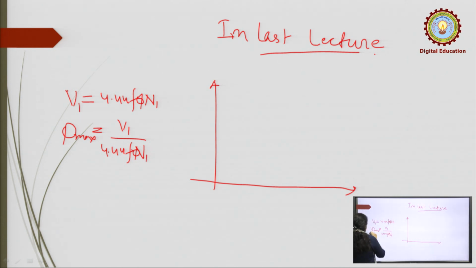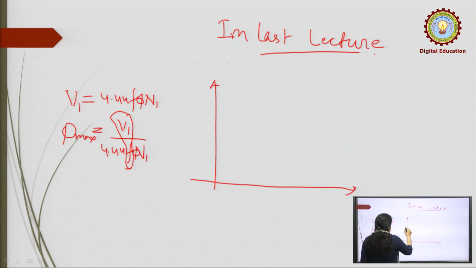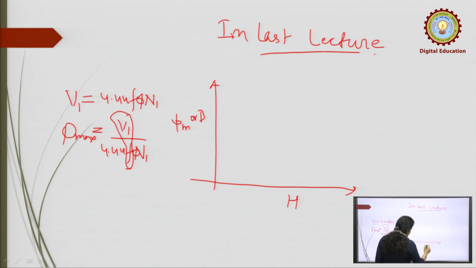So, this phi max is constant, as it depends upon the voltage and the frequency. The supply voltage is constant and the frequency is also constant, so phi maximum is constant. This is the BH curve, between the flux density B and H, or you can say the magnetizing current I.